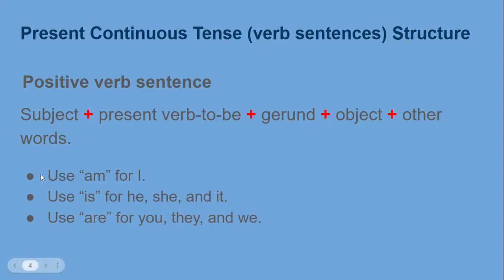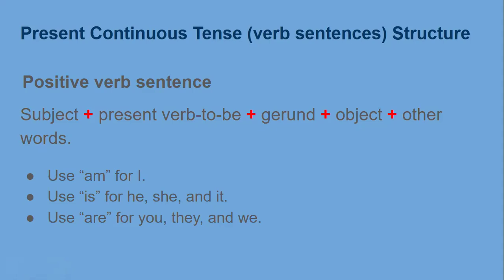Now, the rule says use the verb to be in the present am for the subject I. Use the verb to be is for the subject he, she, and it. Use the verb to be are for the subjects you, they, and we. Okay? Of course, I think you can remember this when we did simple present tense verb to be sentences, right?